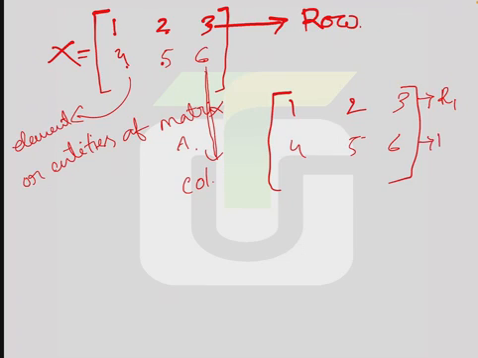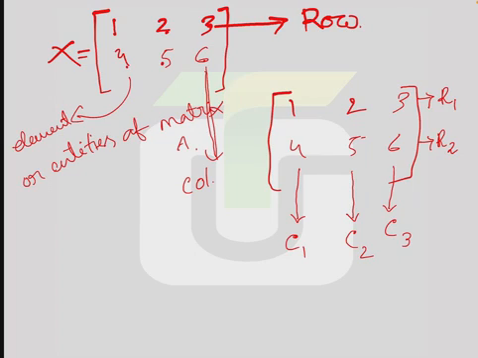This is the second row, that is R2. These are columns. This is the first column, C1. This is the second column, C2. And this is the third column, C3. So this is the concept of rows and columns.